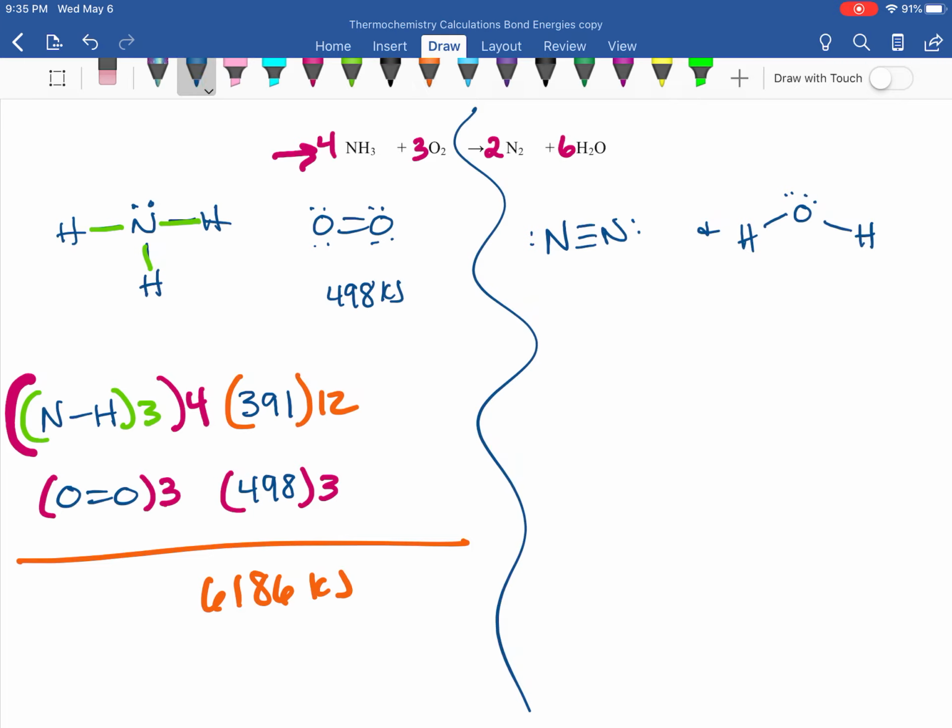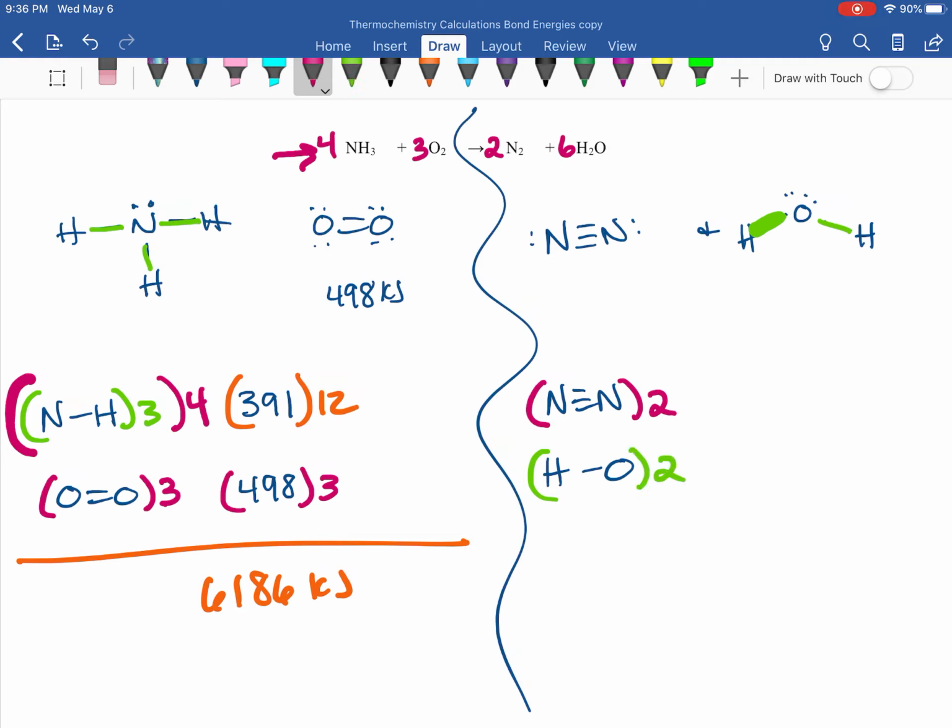Okay. All right, let's do the same thing on this side. We've got an N triple bond, so we better look under the multiple bonds. And then how many of those do we have? We've got 2 moles of those. And then we've got our oxygen-hydrogen bond. All right, let's do how many within the molecule. 1, 2.